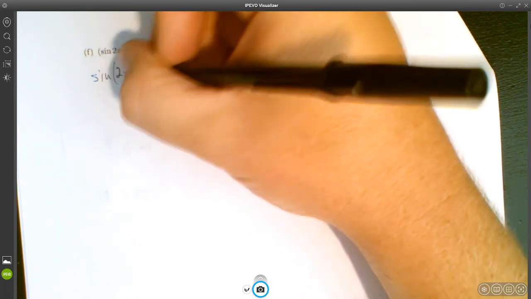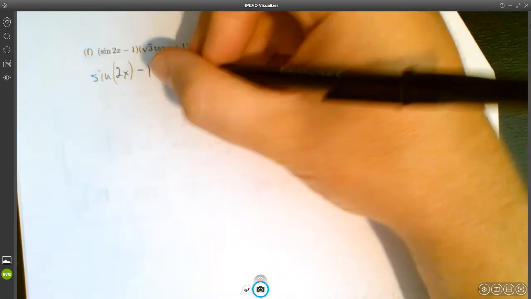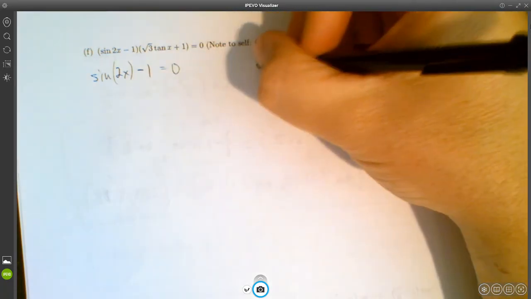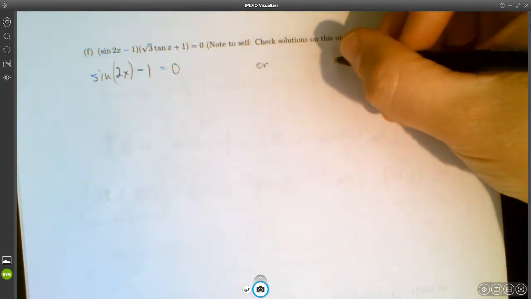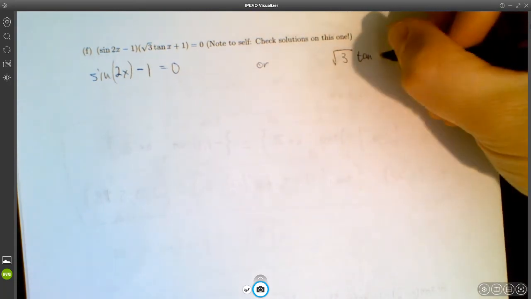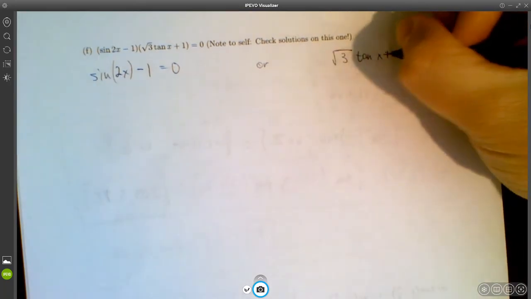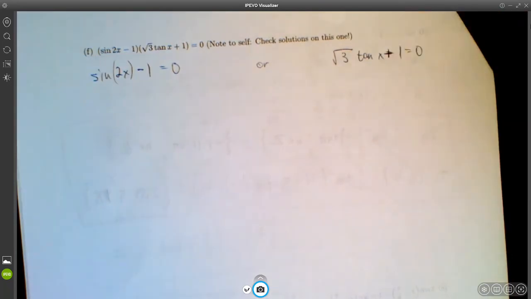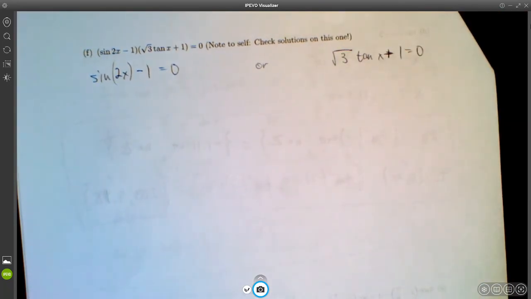And leave yourself plenty of space, because I think we're going to have multiple rules here that are going to generate multiple sets of solutions. But let's see what we get now.